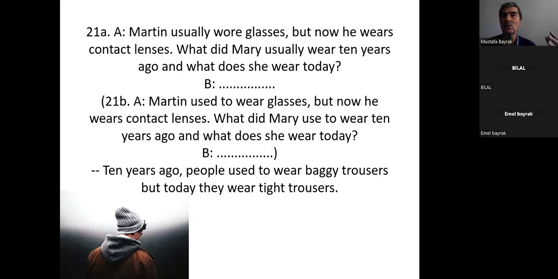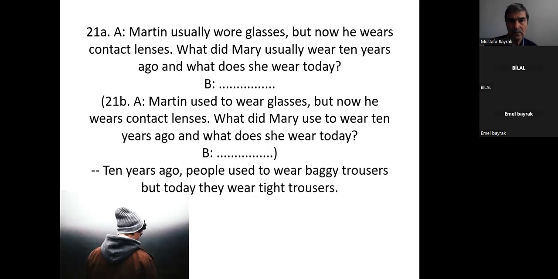Or Martin usually or always, okay, also gives us the message of used to. Martin used to wear glasses, but now he wears contact lenses. What did Mary used to wear 10 years ago, and what does she wear today? Mary used to wear loose and green dresses 10 years ago, but now she wears loose and pink dresses today.